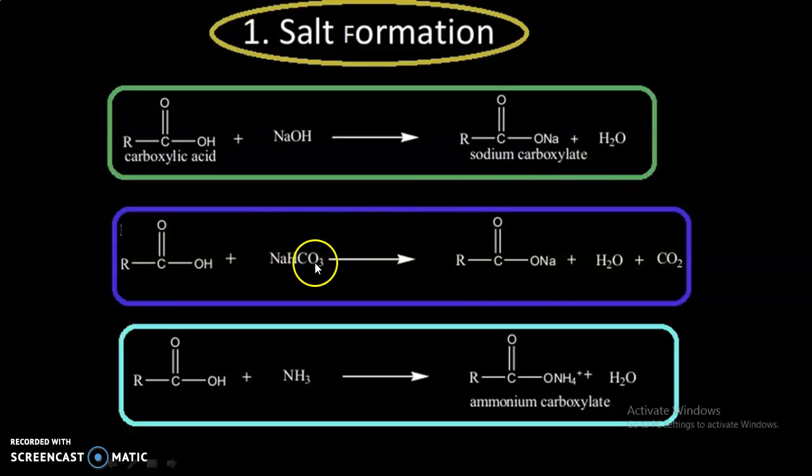When treated with sodium bicarbonate, it forms another sodium carboxylate salt. Carboxylic acid treated with ammonia forms ammonium carboxylate salt. This reaction is called salt formation of carboxylic acid.